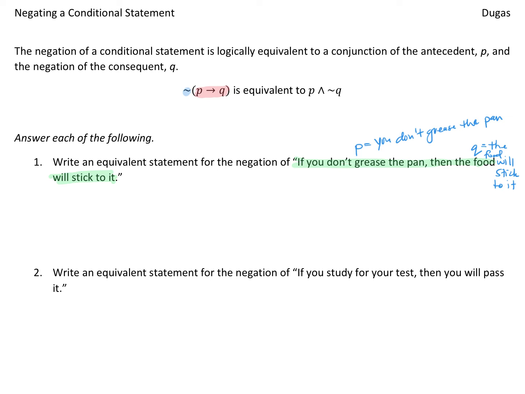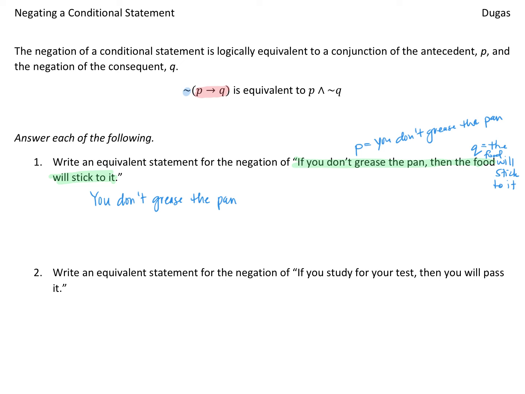So to write an equivalent statement for the negation of that, you're going to have P. So that will be you don't grease the pan. So the first part stays the same. Then instead of having a conditional statement, you're going to have an and, then you're going to negate the second statement. So negate Q. The food will stick to it.